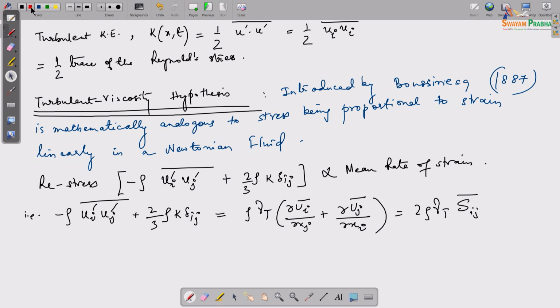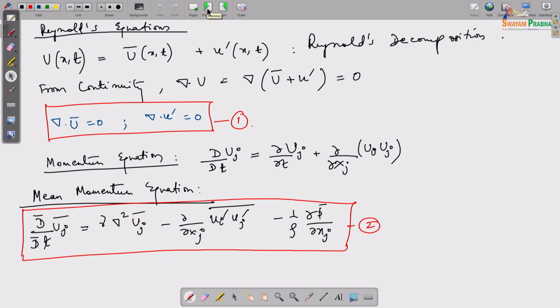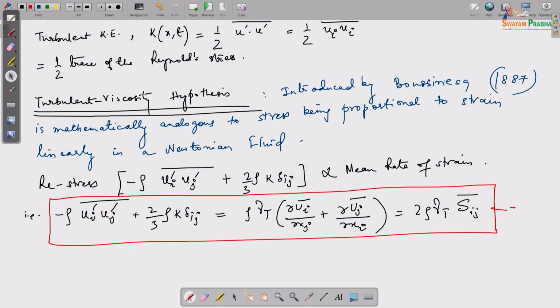Where nu t is the turbulent or eddy viscosity.